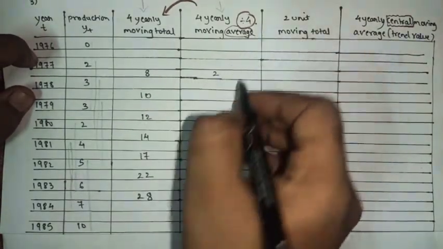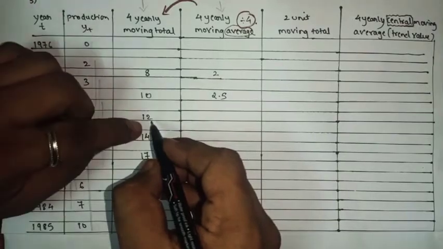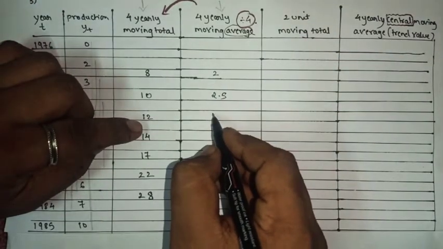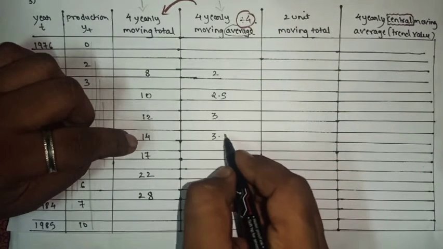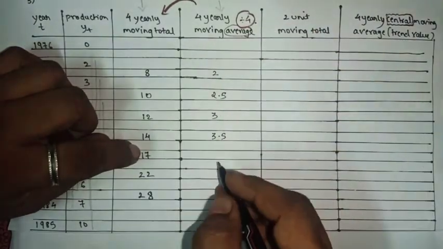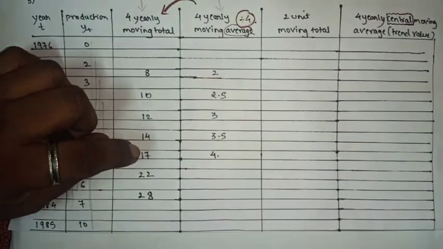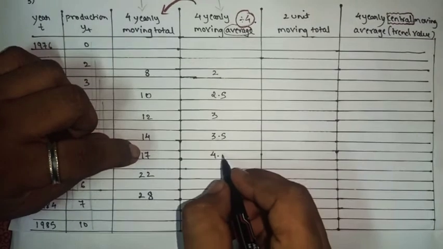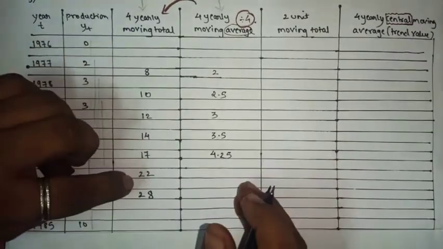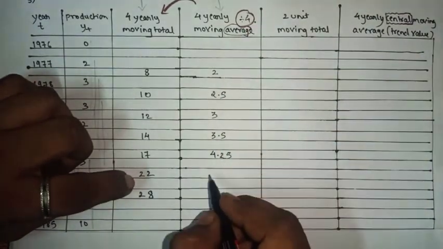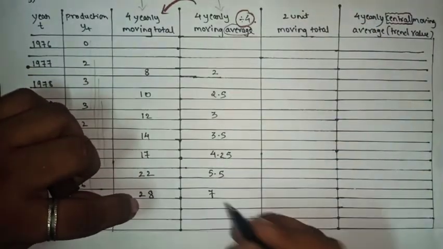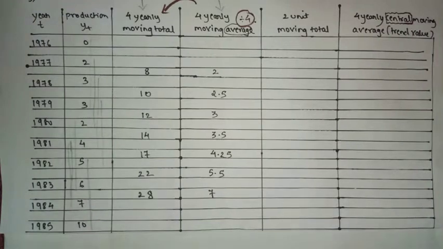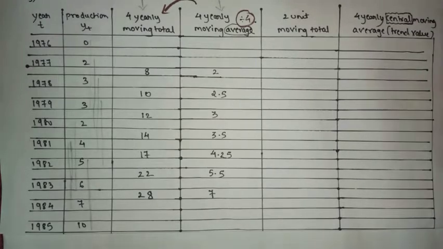So 10 divided by 4, answer will be 2.5. 12 divided by 4, 3. 14 divided by 4, so 4 3s are 12, so 3.5. 17 divided by 4, 4 4s are 16, so 4.25. 22 divided by 4, 4 5s are 20, so 5.5. 28 divided by 4, 7. Okay, so in this way you will find the answer for the fourth column.